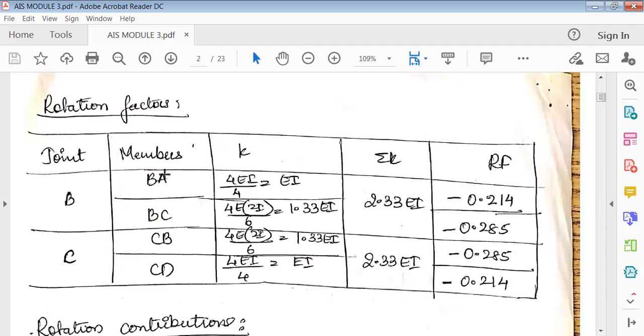Same thing again: joint, members, K, summation K. But here the formula becomes rotation factor equal to minus 1 by 2 times K by summation K. In moment distribution you only found K by summation K and wrote it in the column. Now you just multiply with another factor, minus 1 by 2. That is the table you have to find out here.